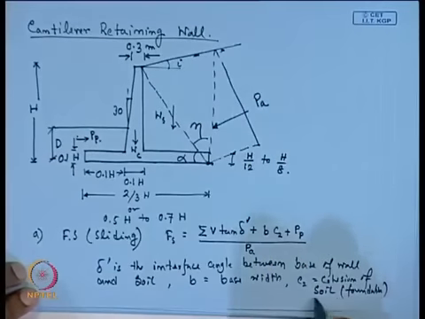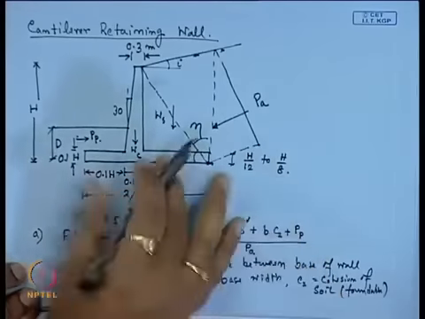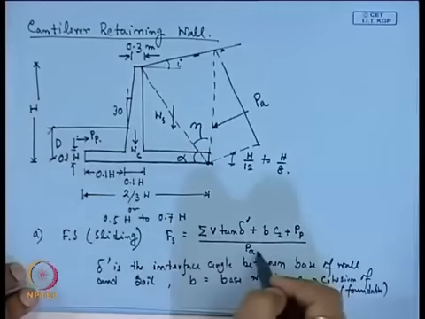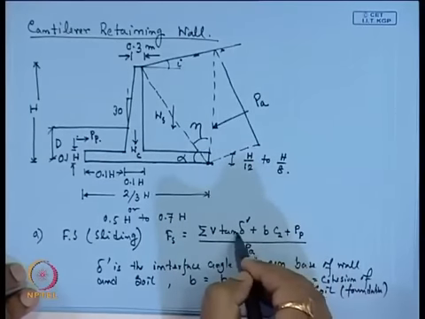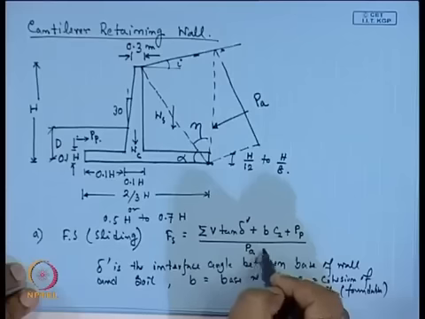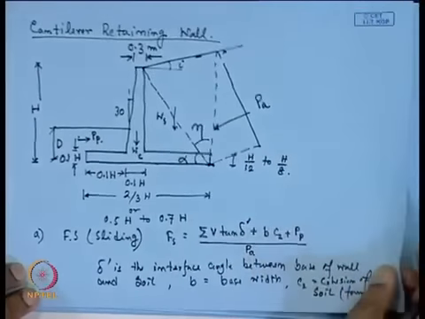So, C 2 is the cohesion of the foundation soil. That means the summation of all the forces into the friction angle, plus B C 2 plus P P, divided by P A. So, this is for the sliding force that we can consider for this type of analysis.